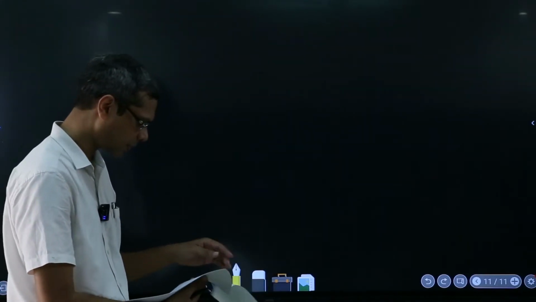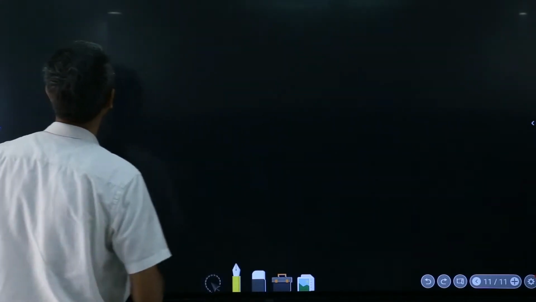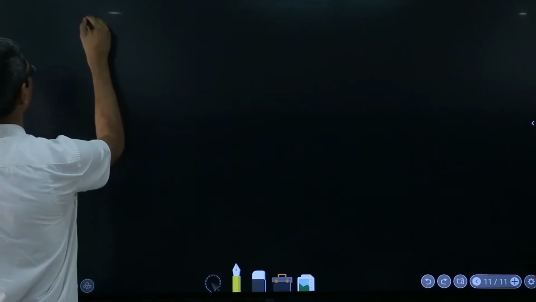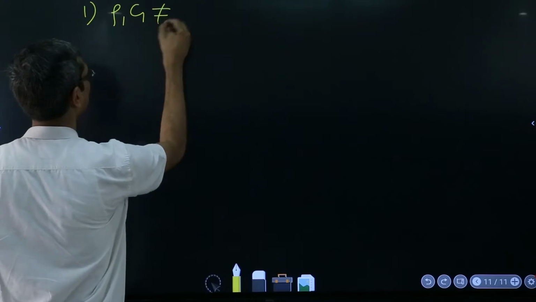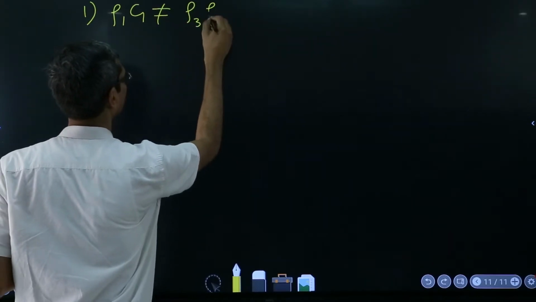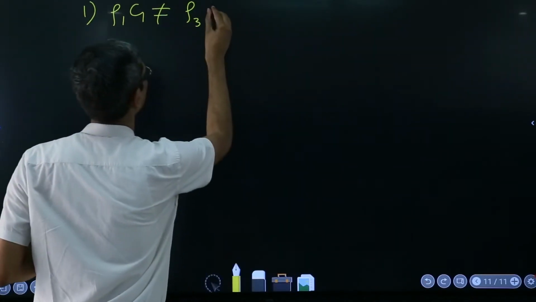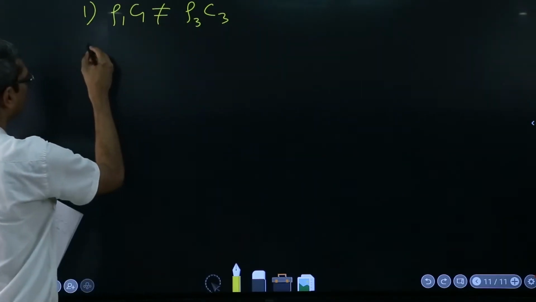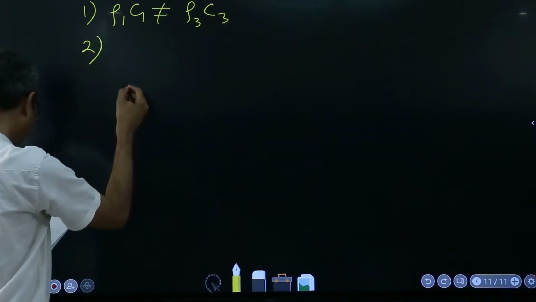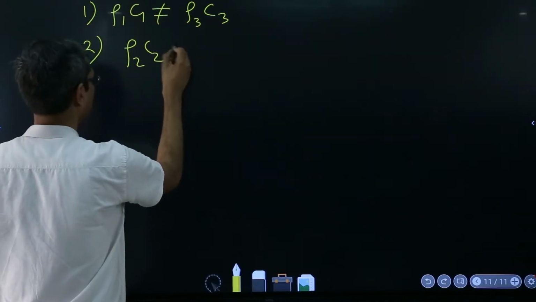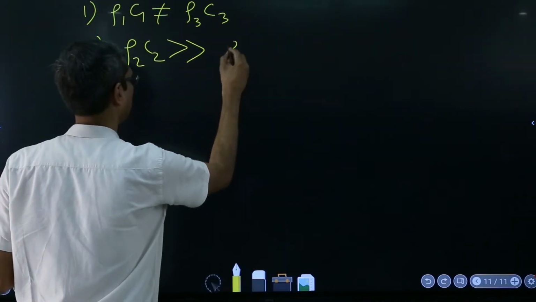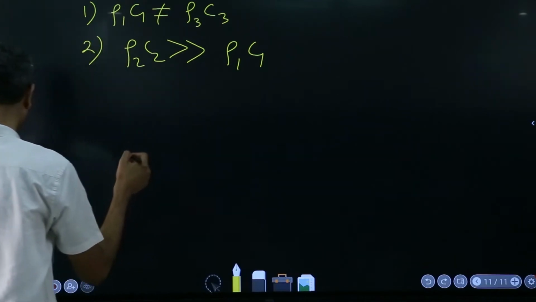And the third case is when rho 1 C1 is not equal to rho 3 C3. This condition we have now removed, and rho 2 C2 is much larger than rho 1 C1.